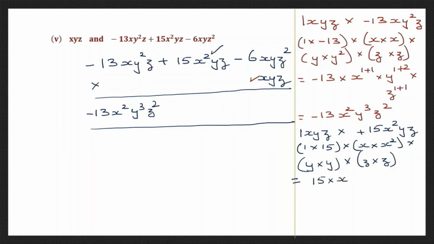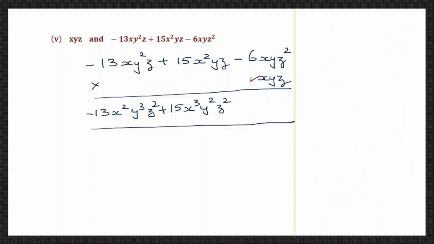Then we have x to the power of 1 plus 2 into y to the power of 1 plus 1 into z to the power of 1 plus 1. So what do we have here? 15, x to the power of 3, y to the power of 2 and z to the power of 2. So let's write that down. Plus 15 x cube y square z square.